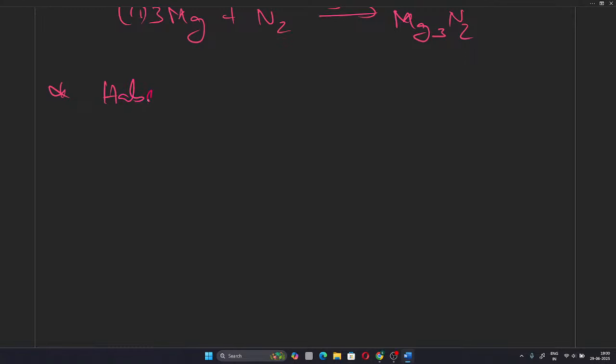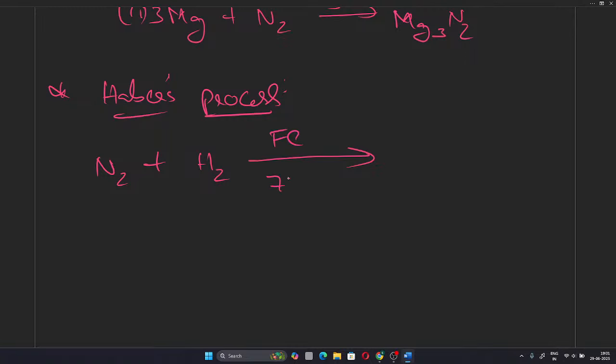And next is Haber's process. N2 plus H2, Fe as catalyst, 773 Kelvin, gives 2NH3. Yes, this is the Haber's process.